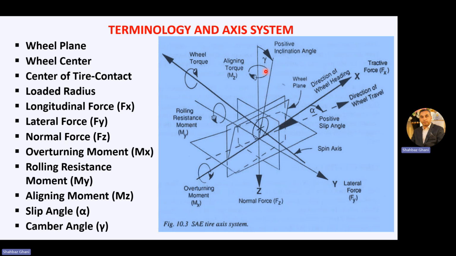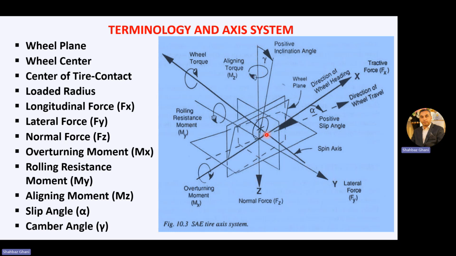Now there is angle gamma, that is your camber angle, from the vertical line to the tire's line. So this is the positive inclination angle gamma, the camber angle. Now the actual x-axis is in this direction, y-axis is in this direction, and z-axis is in this direction.